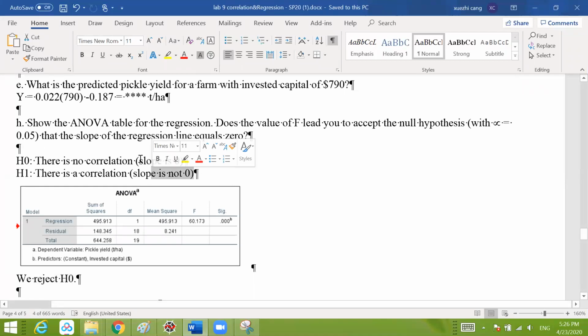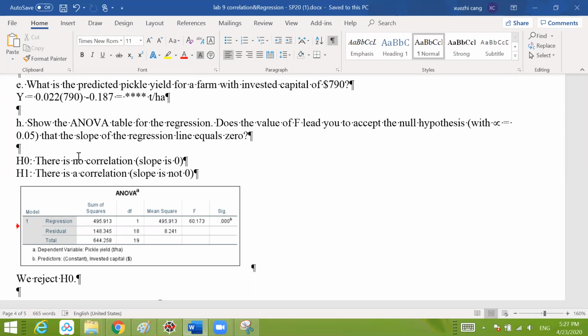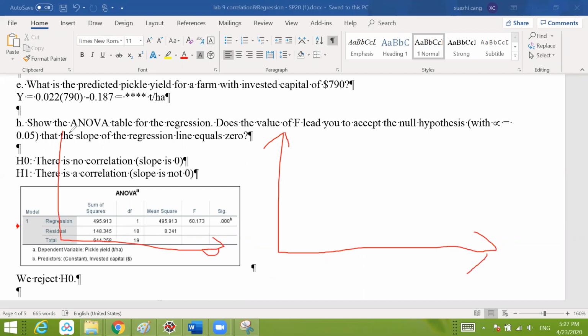Why is the slope value related to the correlation? Let me give you a little bit of help. So here we have two graphs, right? And we have some data here.